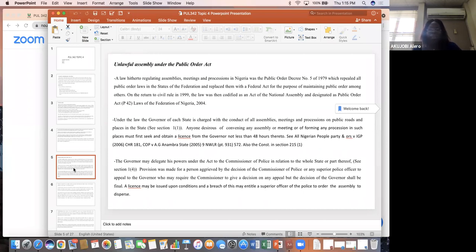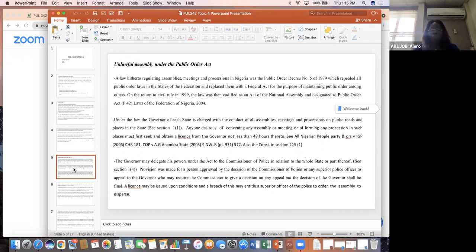But the issue of obtaining a license from the governor and all of that, how relevant is it in considering the provisions of the Constitution and also some relevant cases? Like the case of All Nigerian People's Party and IGP is a case in point.